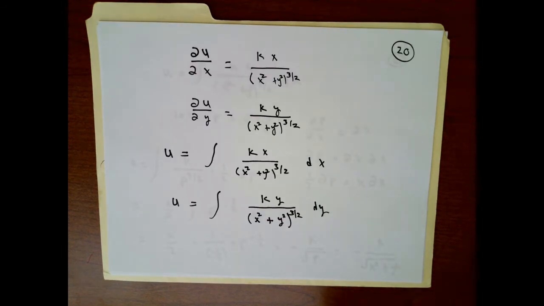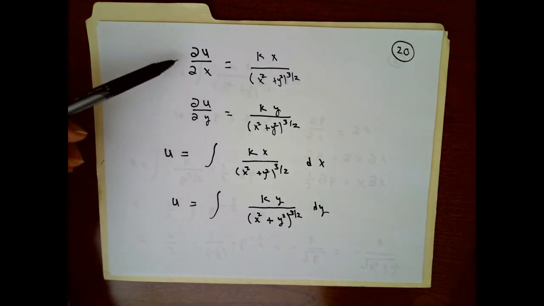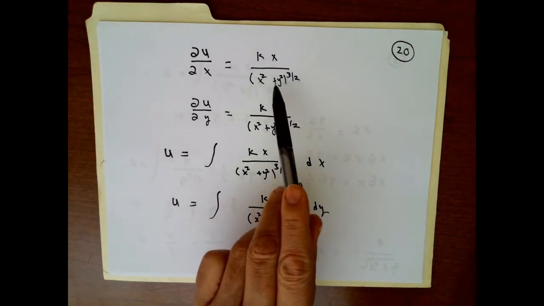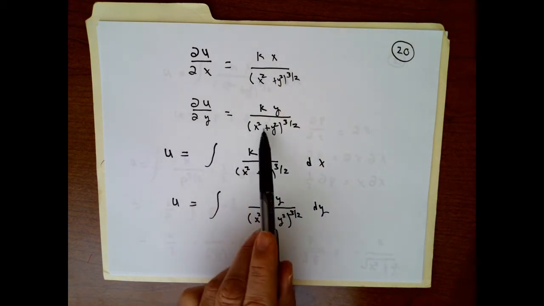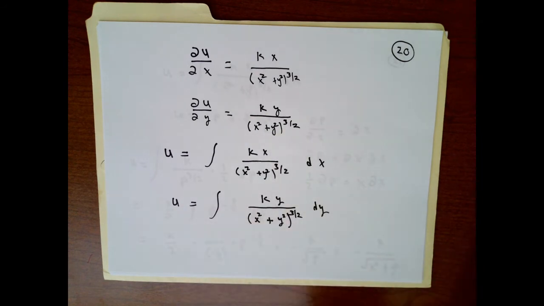Now that we know that, we can ask the question, can you produce such a function? Write down what we know. We know now that there is a function u, so partial of u with respect to x is the first component of the vector field, and not only that, partial of u with respect to y is the second component.